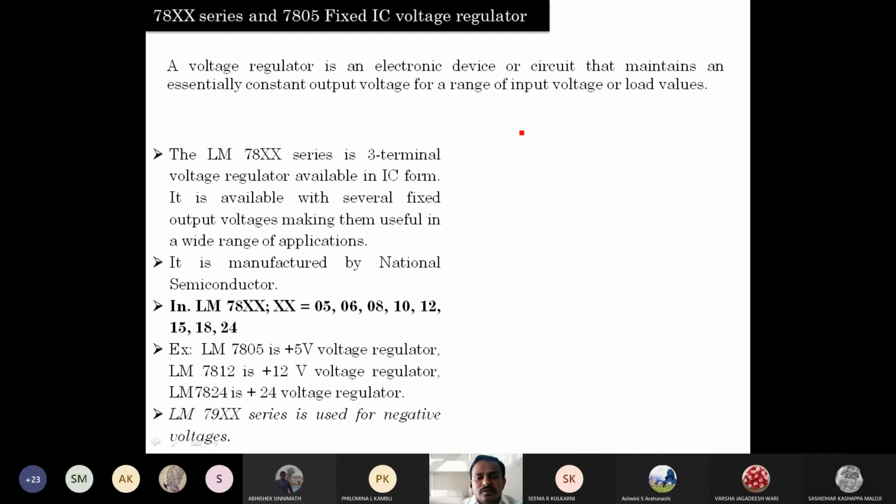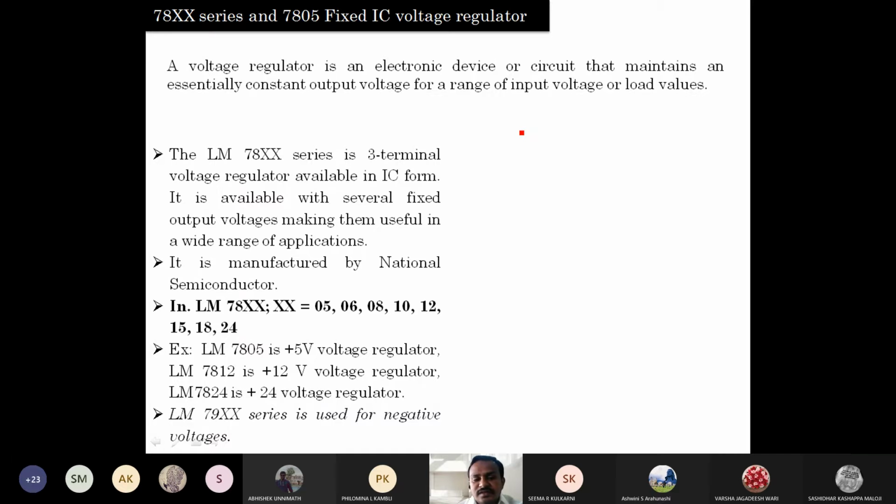If you go to the market and want an IC voltage regulator that produces a constant 8 volts output, not more and not less, then you need to ask for the 7808 IC. If you use that component in your circuit, the voltage given by this 7808 is 8 volts. Similarly 7810 is a 10 volt IC, 7812 is a 12 volt IC, and 7824 is a 24 volt IC.